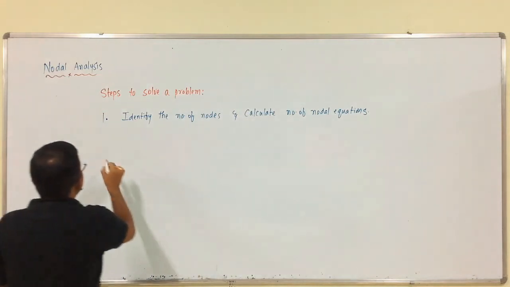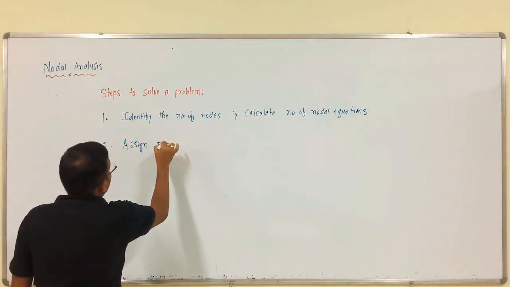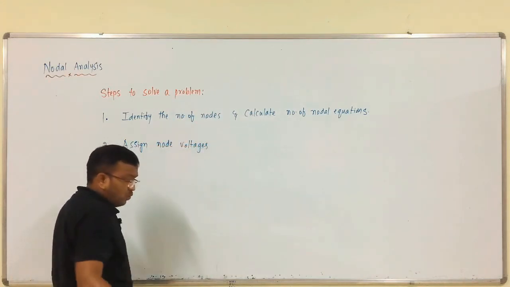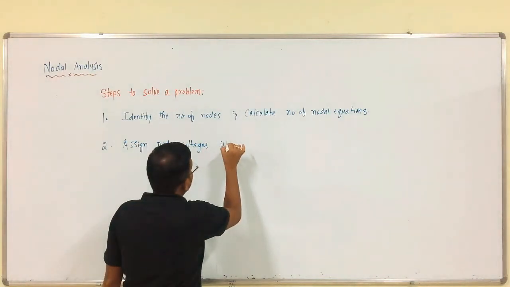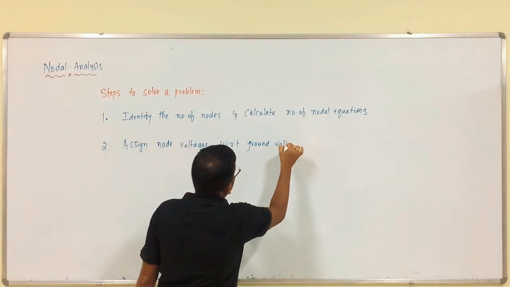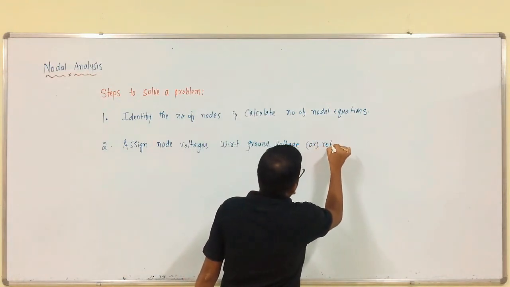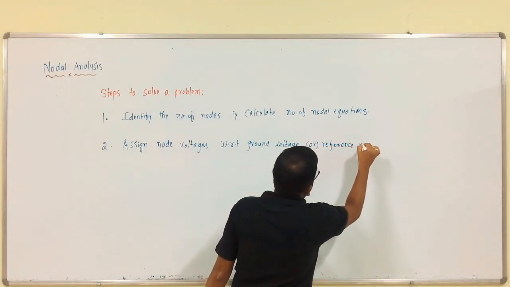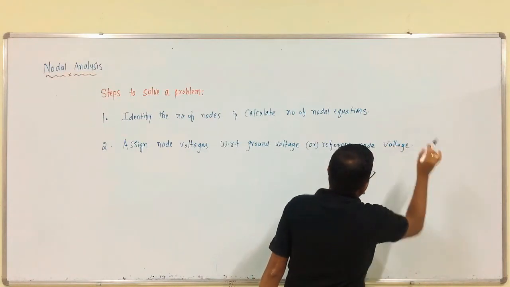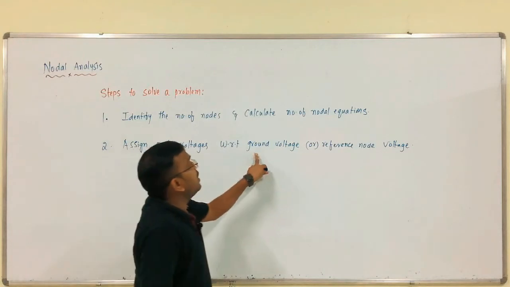So, next, assign node voltages. We have to assign node voltages with respect to what? With respect to ground voltage or reference node voltage. So, we have to assign the node voltage with respect to ground voltage.